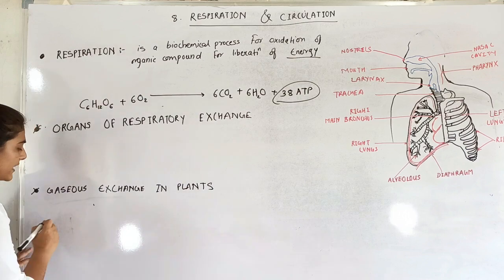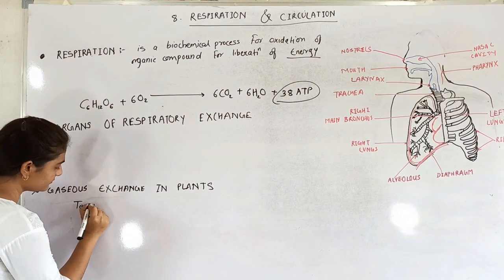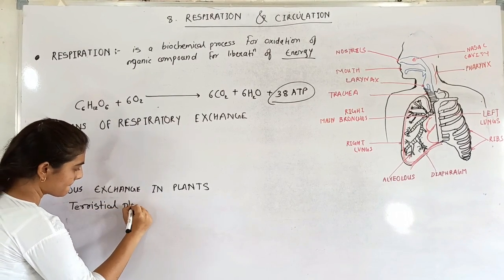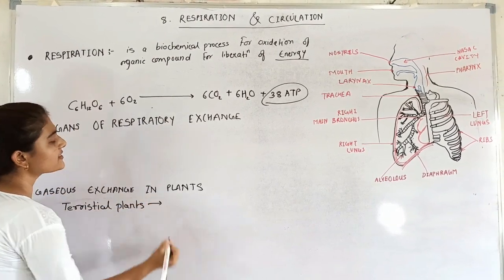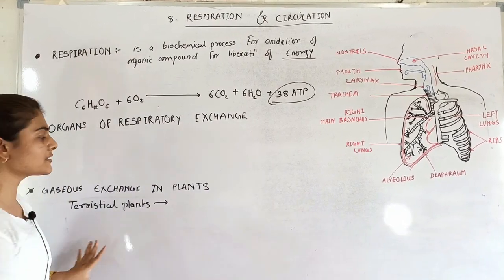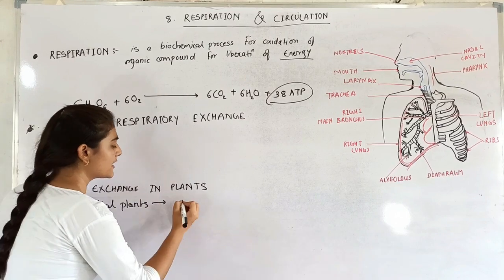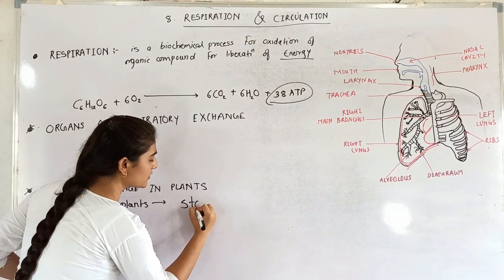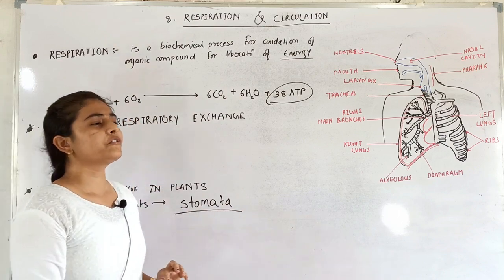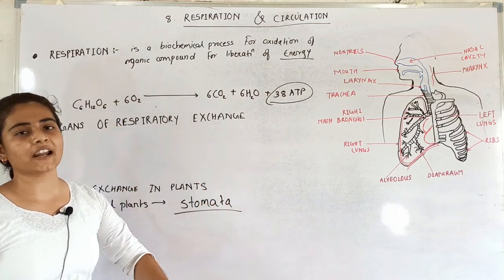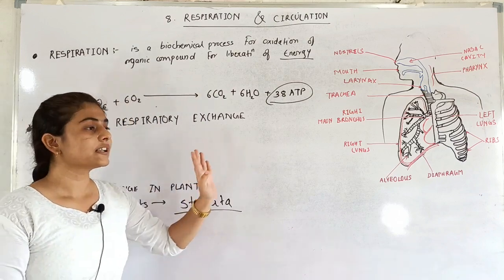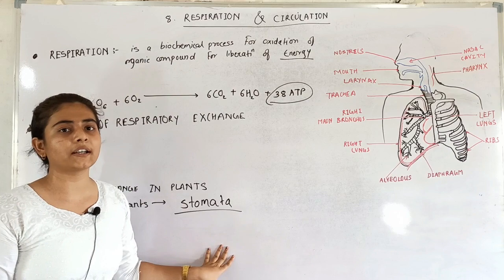In terrestrial plants, terrestrial means those plants that are on land, the main organ of respiratory exchange of gases is the stomata. We have been learning about stomata from 5th standard up to the 11th. In 11th we also learned the cycles which include the stomata.